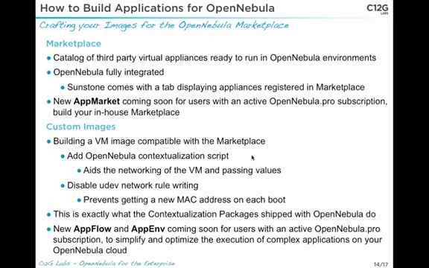There will be two new additions as well, aside from the App Market, for active OpenNebula Pro subscription holders. That's going to be called the AppFlow. That will simplify and optimize the execution of complex applications on your OpenNebula cloud.